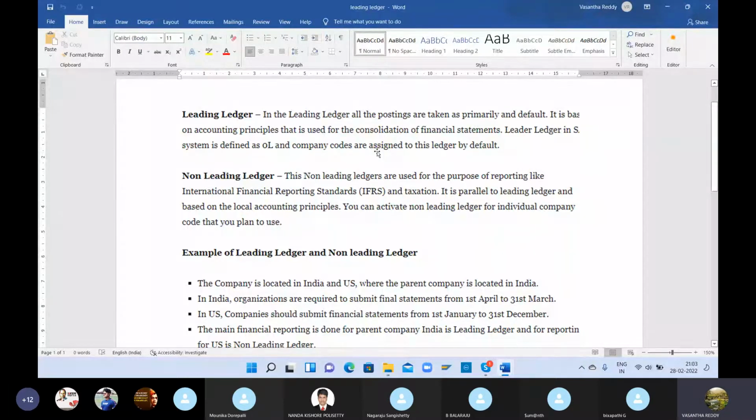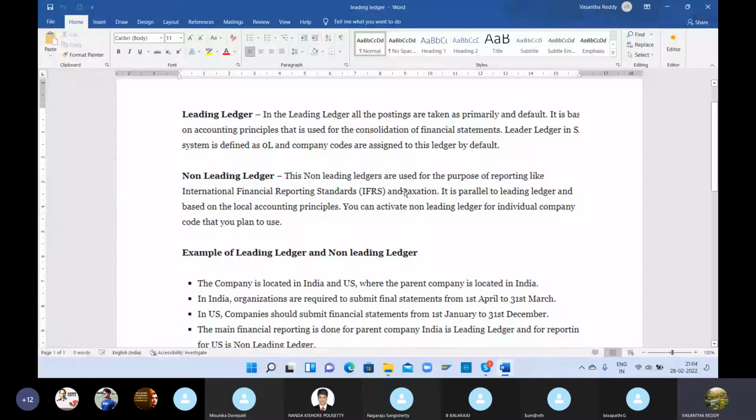After that, the non-leading ledger. These non-leading ledgers are used for the purpose of reporting, like international financial reporting standards (IFRS) and taxation.